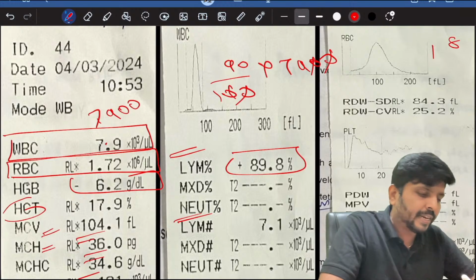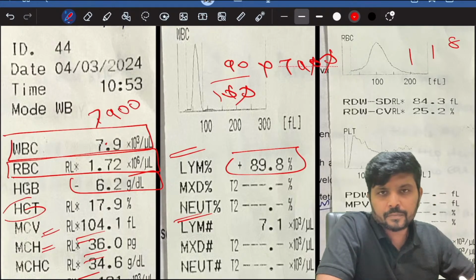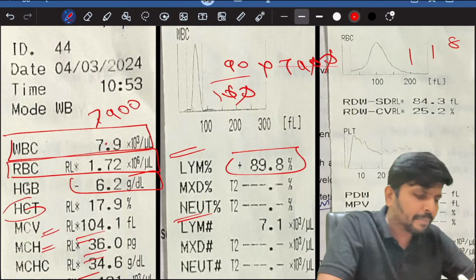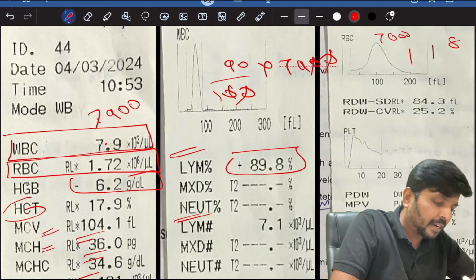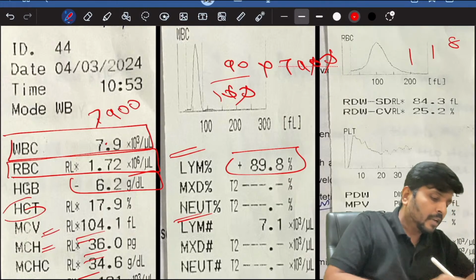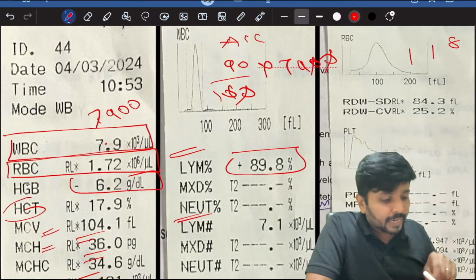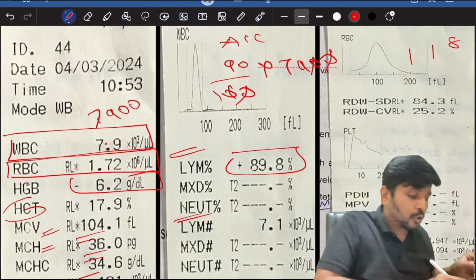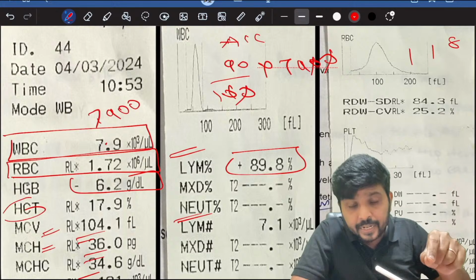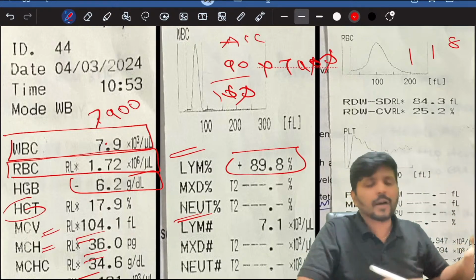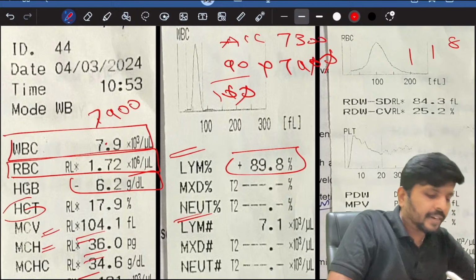Along with that, it comes to somewhere around 7,300 or 7,600. So this is called the absolute lymphocyte count, because the lymphocyte percentage is 90%. Out of those 7,900 cells, 90% is contributed by lymphocytes. So the absolute lymphocyte count comes around 7,300 cells.